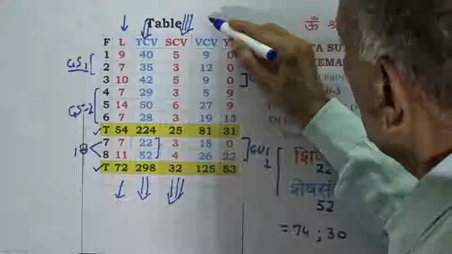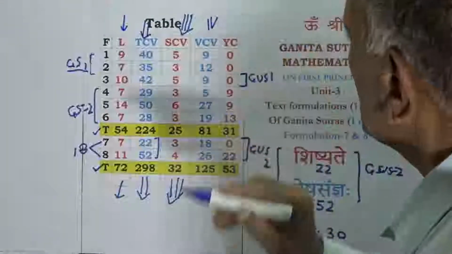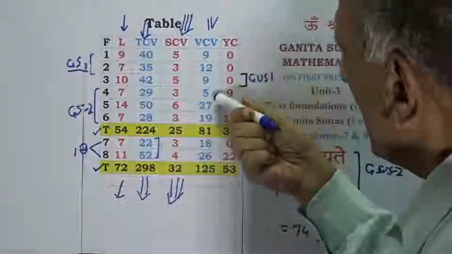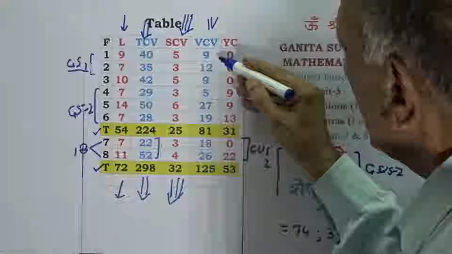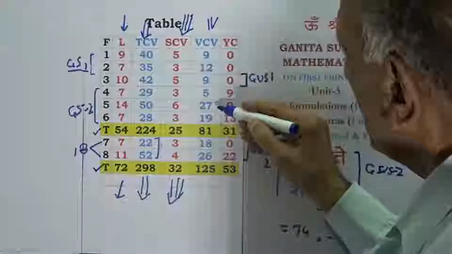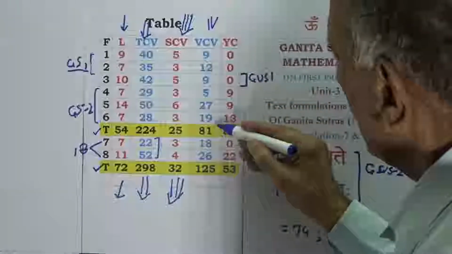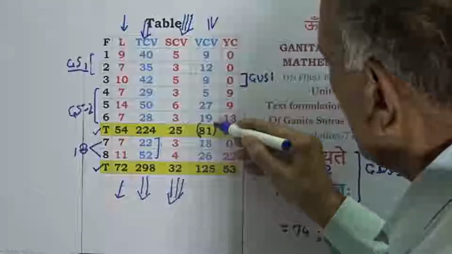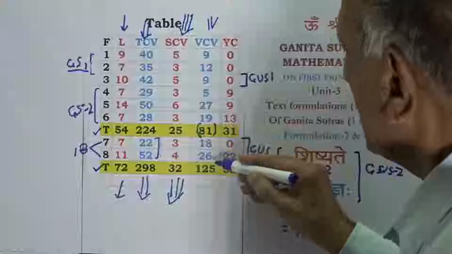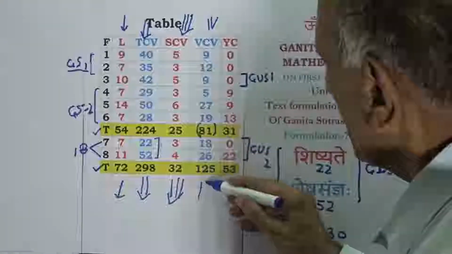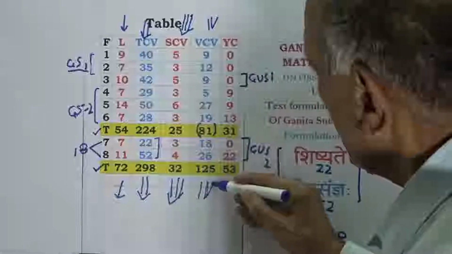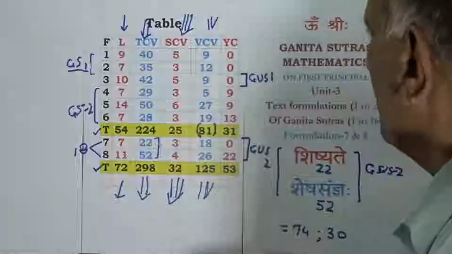Step ahead, the fourth stream of Vedic code values of these 8 formulations is 9, 12, 9, 5, 27, 19, 18, making a total sum of 81 for the first 6 formulations, and 18 and 26, so it makes a grand summation value of 125.